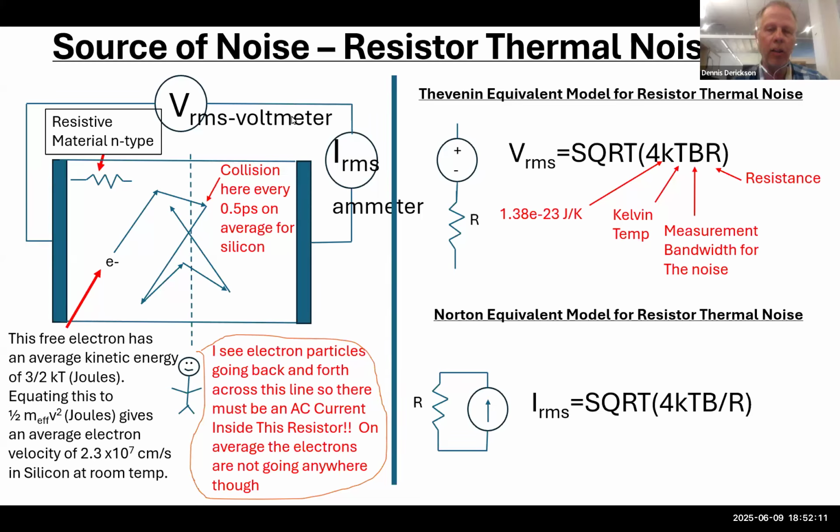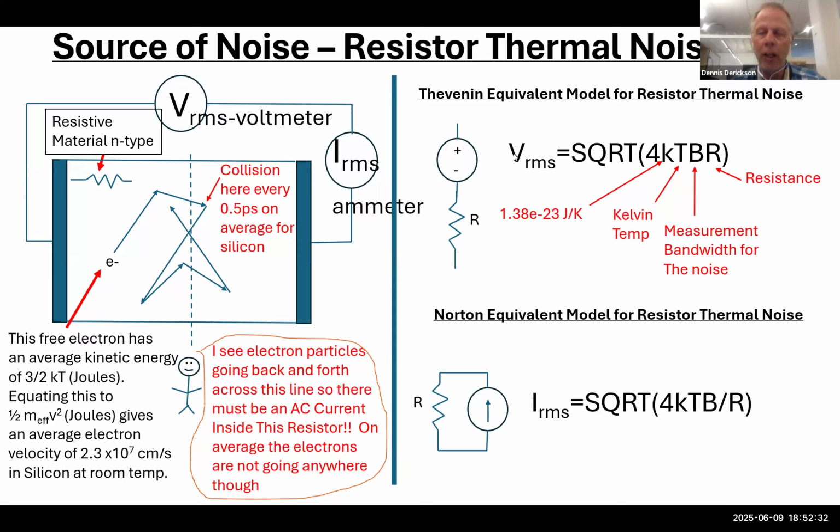Now, we can come up with a circuit model for that noise, and if we do that, the resulting equation is shown here. If you have this resistor, this would be a perfect noiseless resistor, and we're going to add a series voltage source, an AC voltage source.